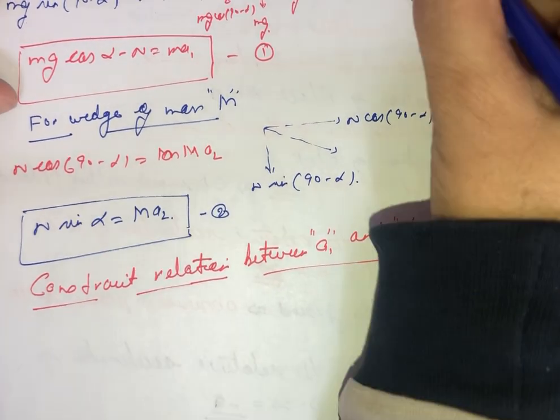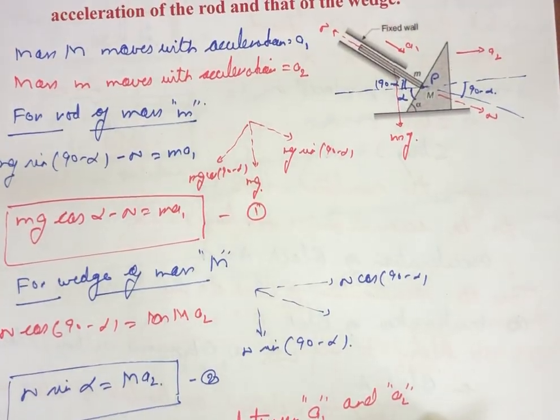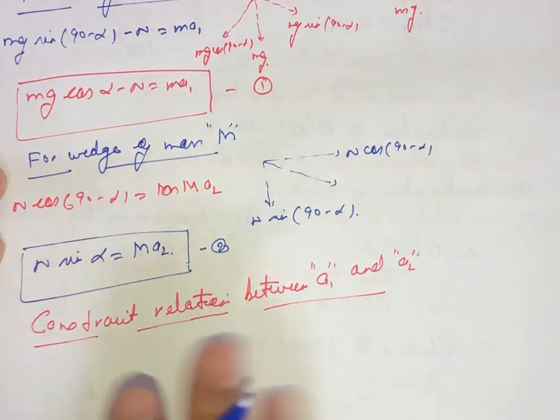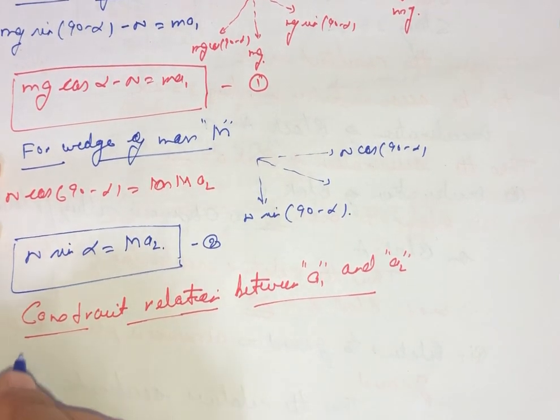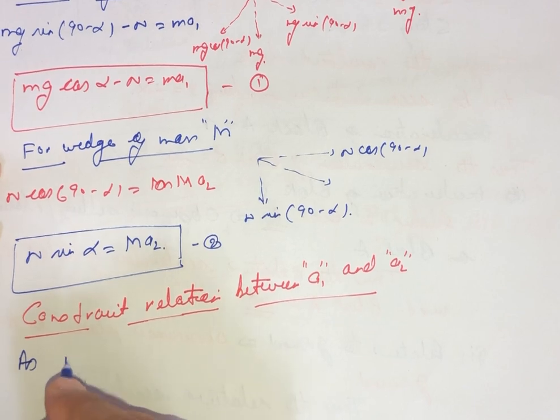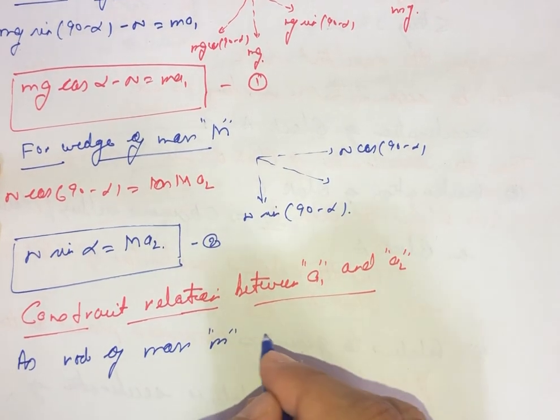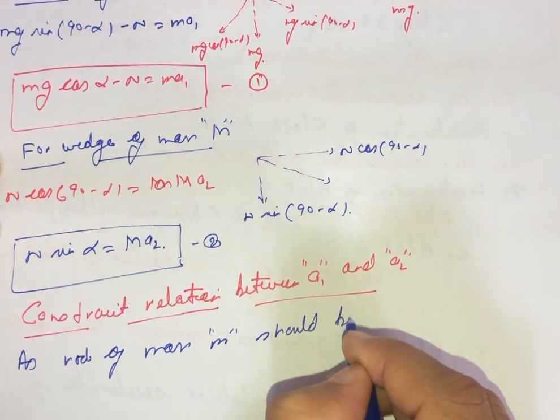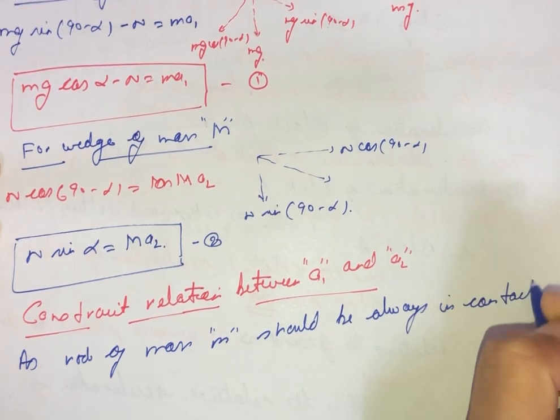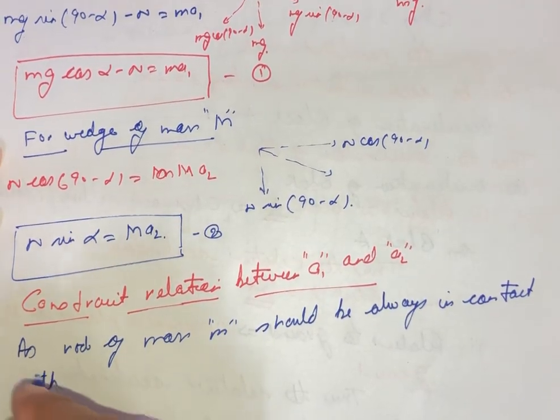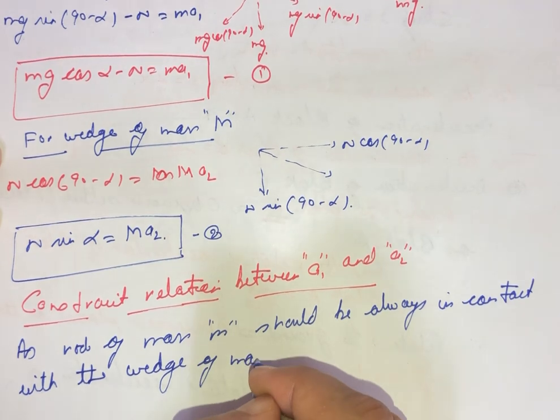The important thing is there, let this point of contact be given as P. As the rod of mass m should be always in contact with the wedge of mass capital M.